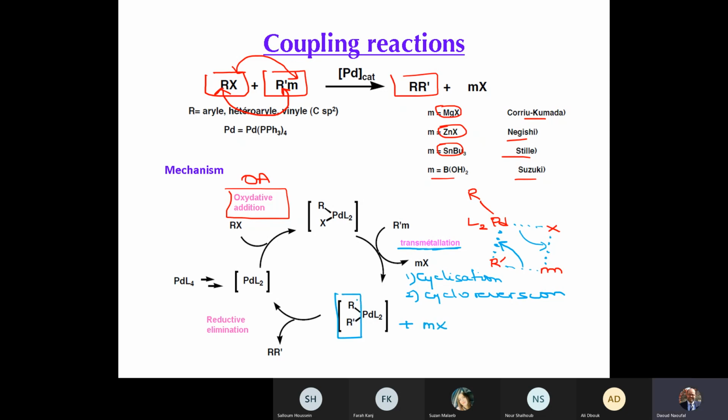Then by reductive elimination, since this is R minus and R prime minus, we obtain R R prime, and the catalytic cycle will start again. So the first step is oxidative addition, the second is transmetallation, and the third is reductive elimination. This is the explanation of the famous coupling reaction known in organic chemistry.